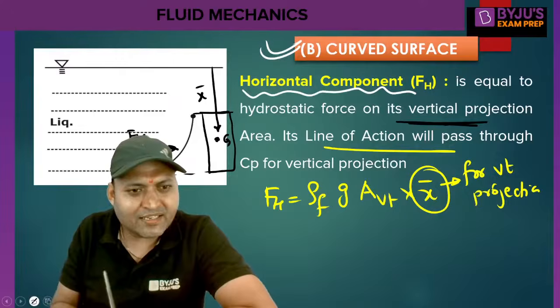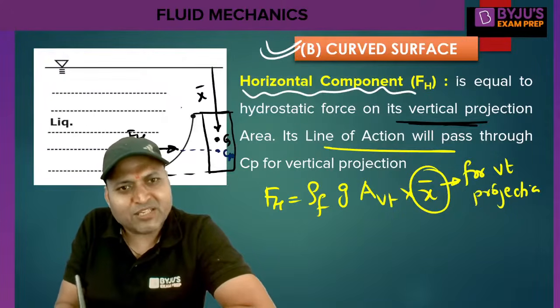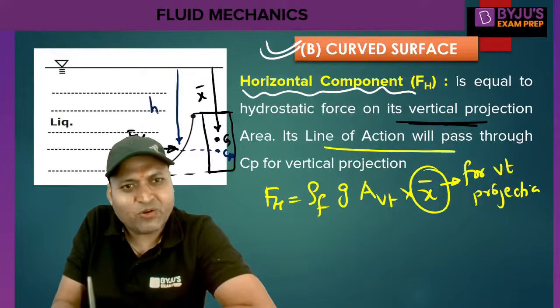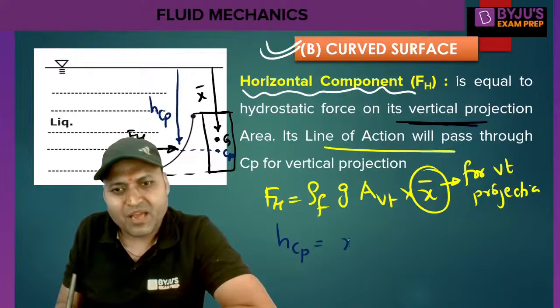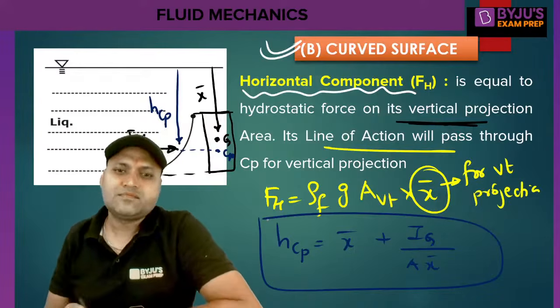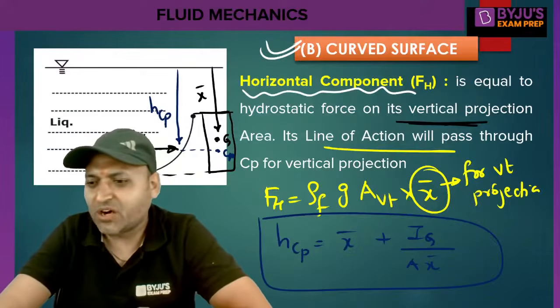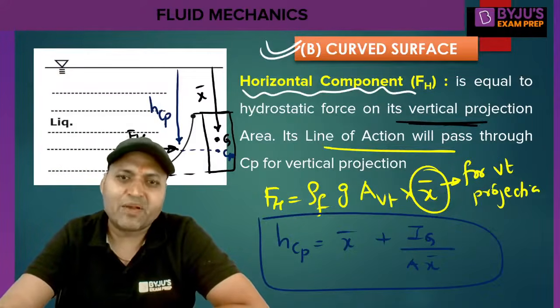And let us say this is CP. The line of action will pass through the CP, and we can easily find HCP. How? HCP will be equal to x bar plus IG by A x bar. This is how the horizontal component can be calculated.